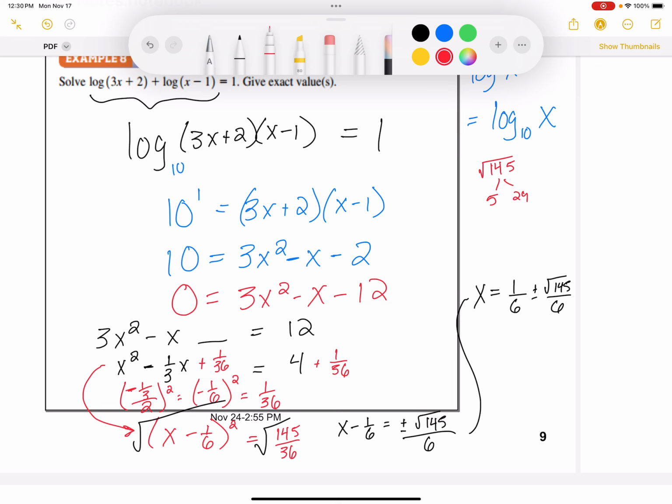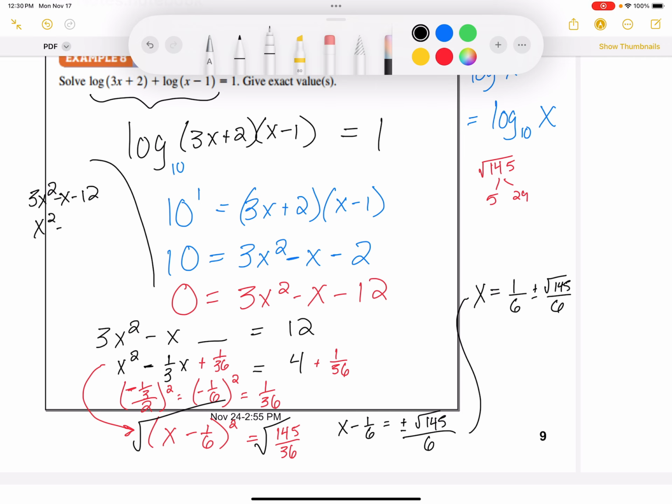That's weird. That means that we couldn't factor it. Unless I did something wrong. So let's see if I could have factored it. 3x squared minus x minus 12 becomes x squared minus x minus 36.